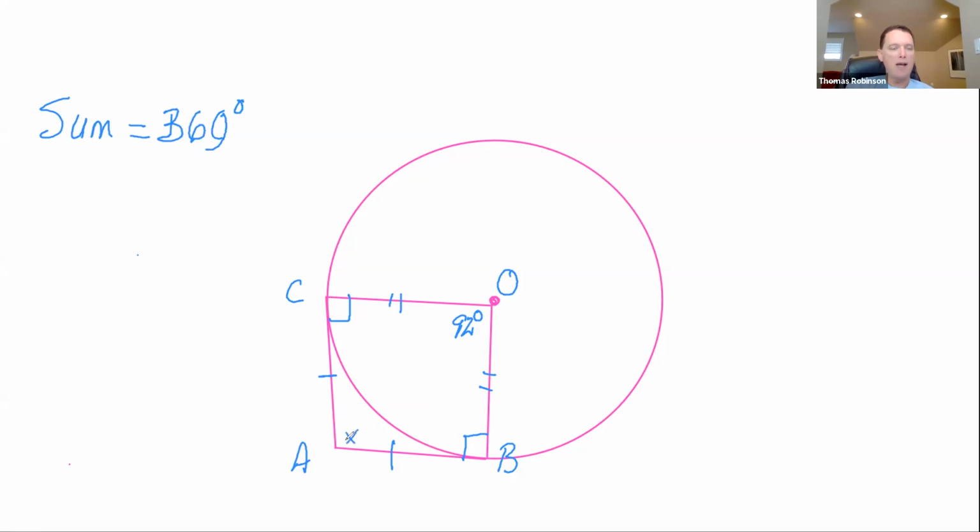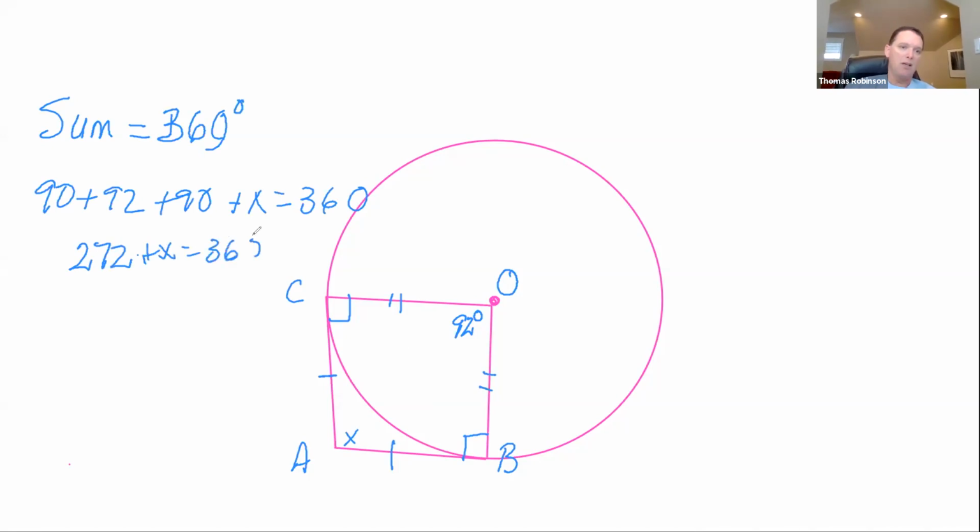If I call this X, I've got 90 at C plus 92 at O plus 90 at B plus X equals 360. You can do the math if you want. This will be 272 plus X equals 360. Subtract 272, and X is going to equal 88 degrees.